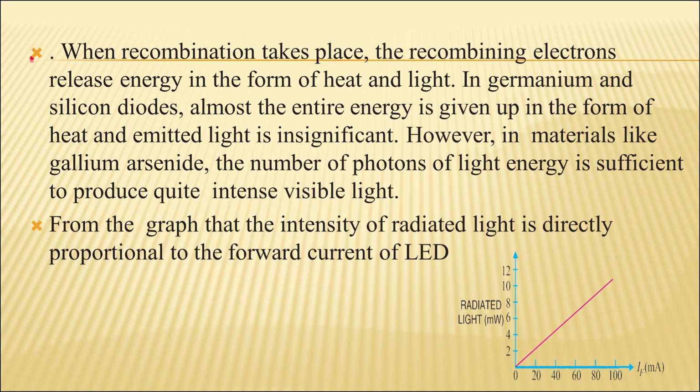When recombination takes place, the recombining electrons release energy in the form of heat and light. In germanium and silicon diodes, almost the entire energy is given up in the form of heat and the emitted light is insignificant. However, in materials like gallium arsenide, the number of photons of light energy is sufficient to produce quite intense visible light.